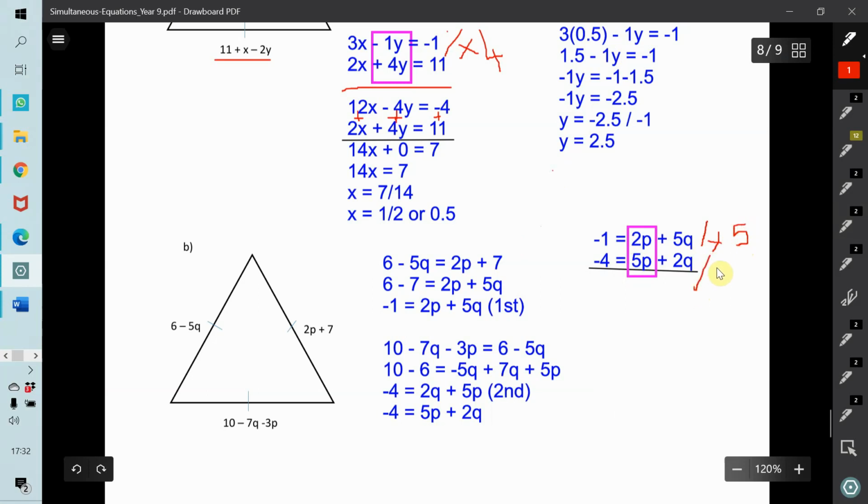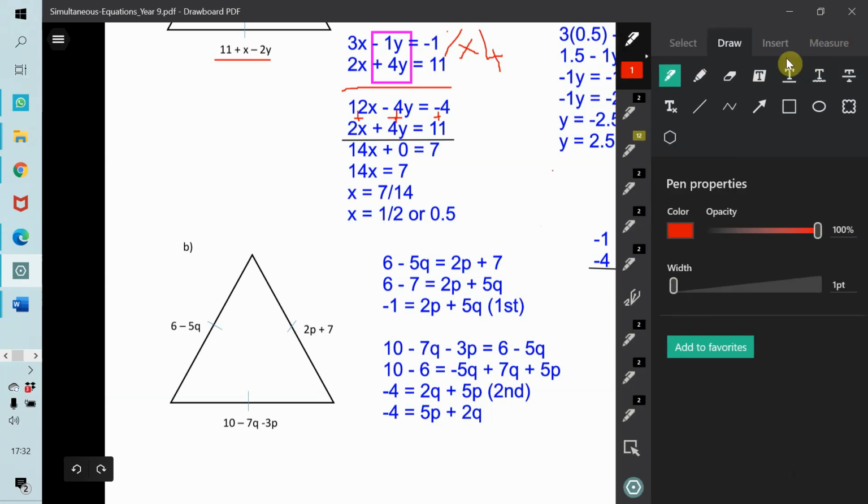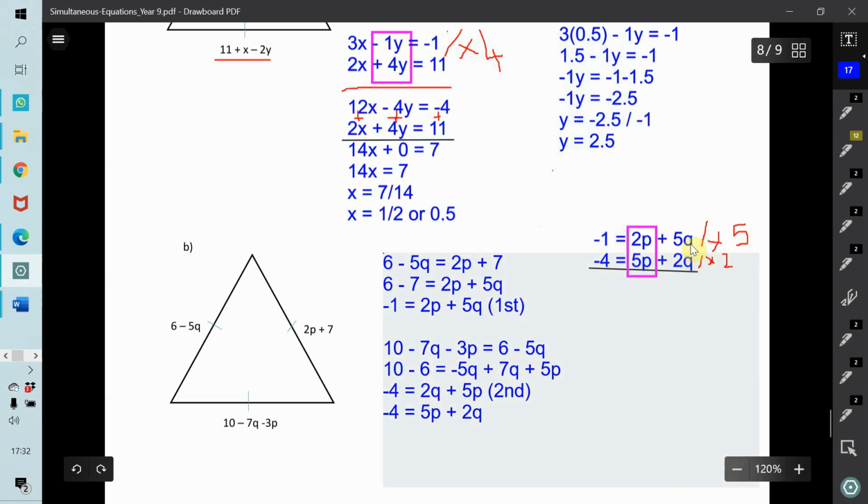And here I need to multiply it by 2. Okay. Let's continue, guys. So that means minus 5 equals 10p plus 25q.